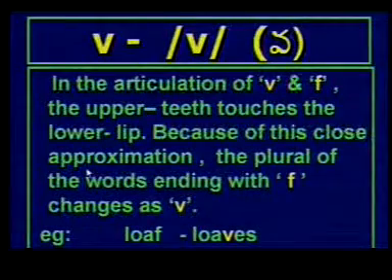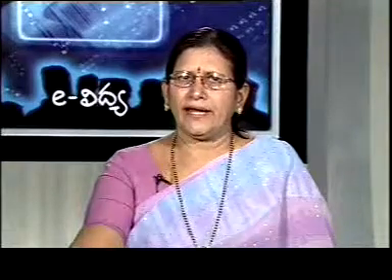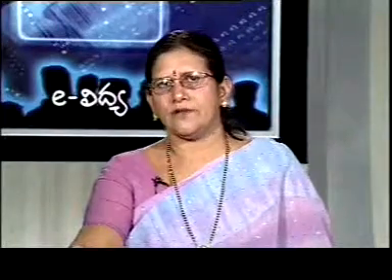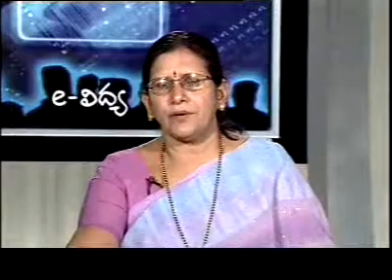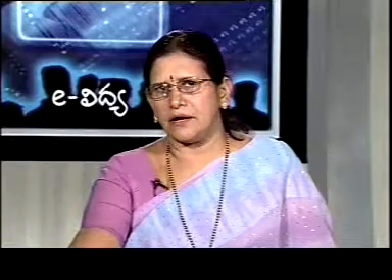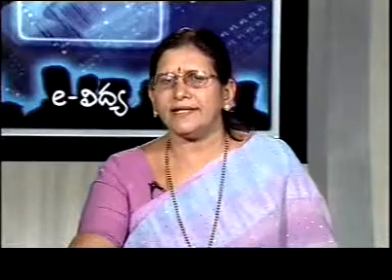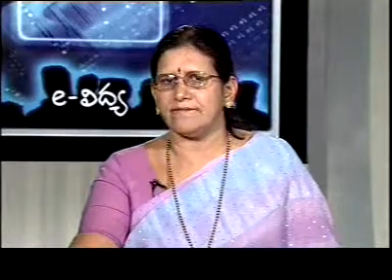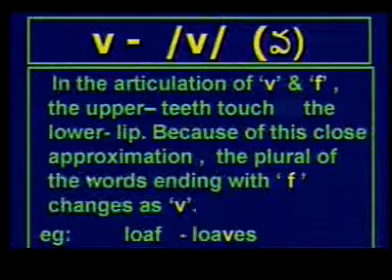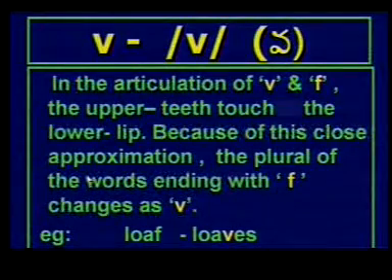And then the next sound which is very close to F is V. Why is there this closeness? This is because of the articulation. When we are pronouncing these two sounds, the upper teeth touch the lower lip. F, V. This is how we have to say these two sounds and letters, F and V. Because of this close approximation, sometimes, as I have already told you, the plural of F changes into V also.